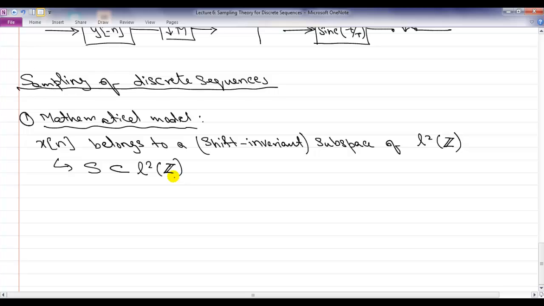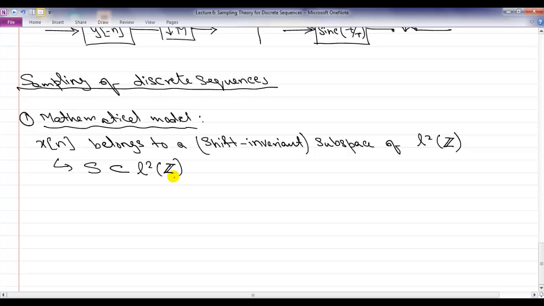It could mean a continuous signal or a discrete sequence. From the perspective of mathematics, we don't care. The general principles remain the same. So now you have signals that come from a subspace.